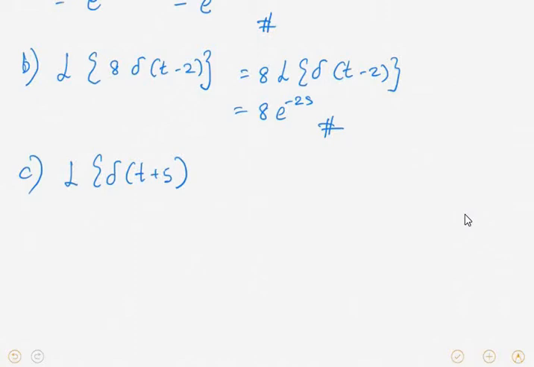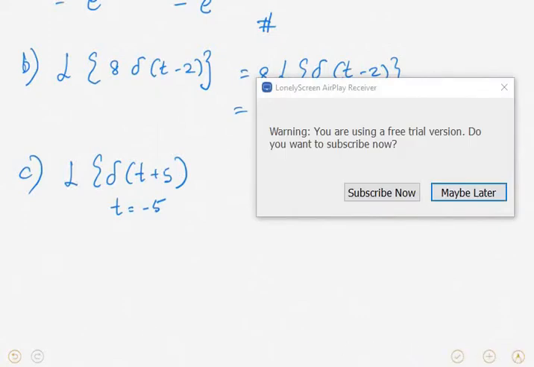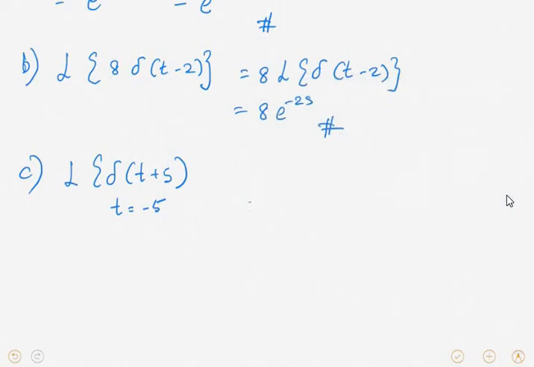If t plus 5 is zero, that means t is equal to negative 5. So the value of a is not within the interval 0 to infinity. As I mentioned before, the shifting property is that the integral from p to q of f(t) delta(t minus a) dt equals f(a), where a is in between p and q.